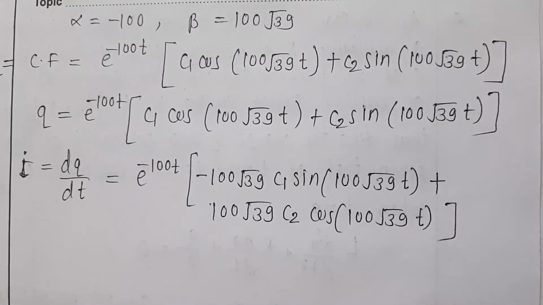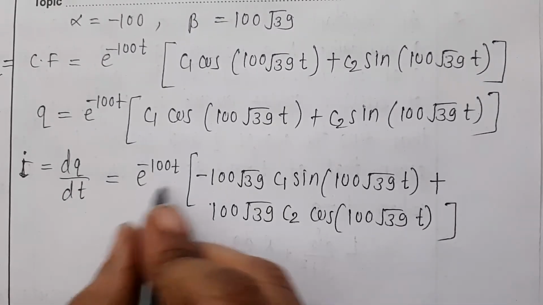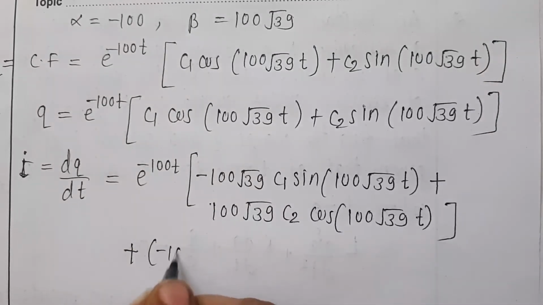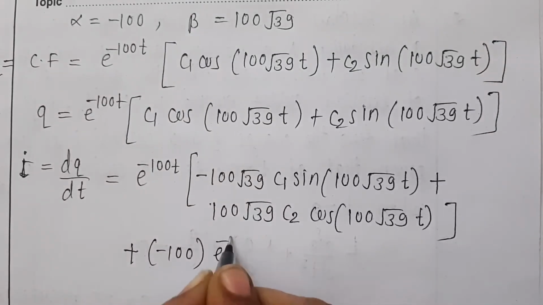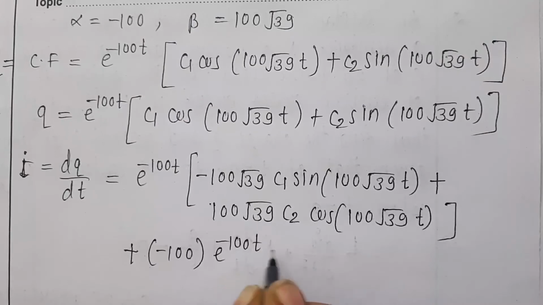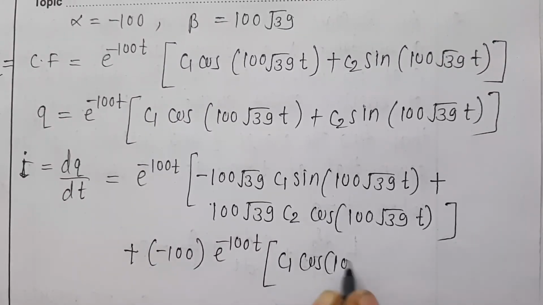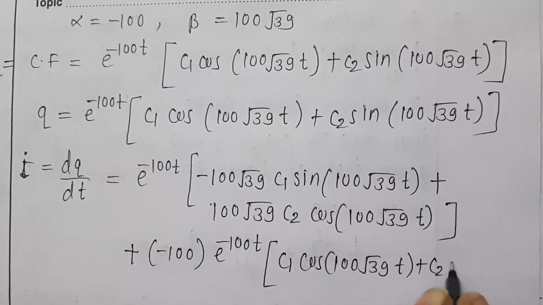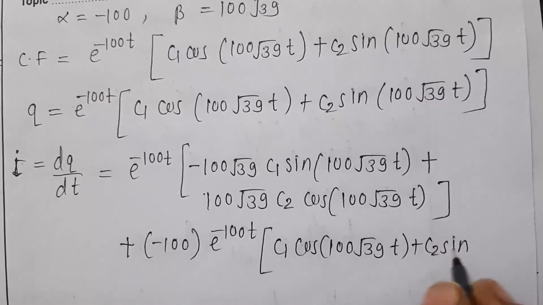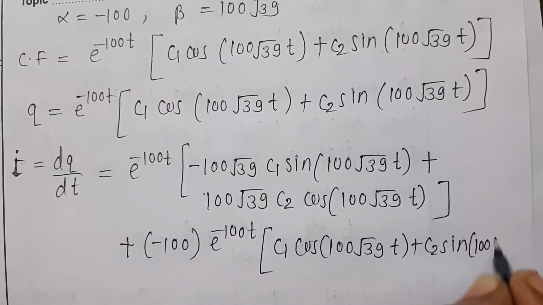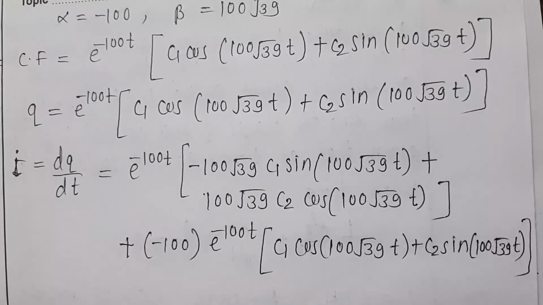So this is the first term. The second term is plus derivative of e to the power minus 100t, which is minus 100 into e to the power minus 100t, in the second bracket C1 cos of 100 root 39t plus C2 sine of 100 root 39t. So this is the second bracket.